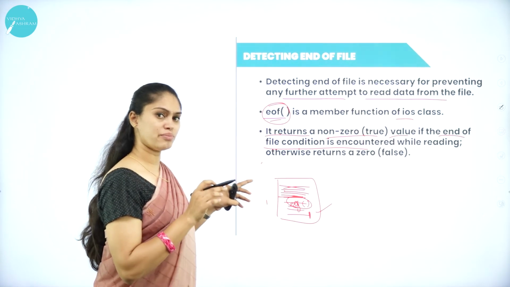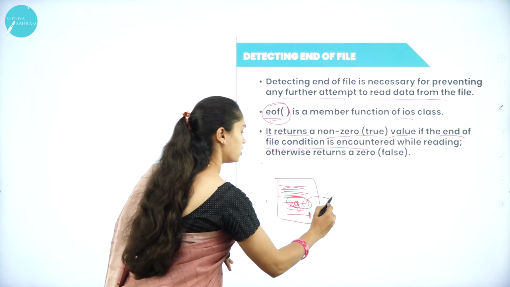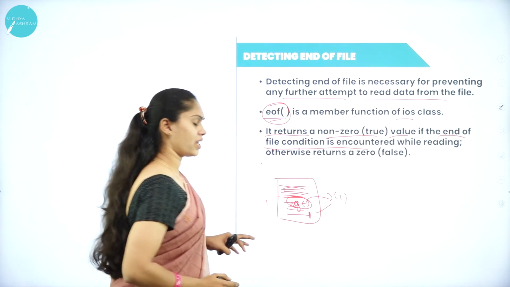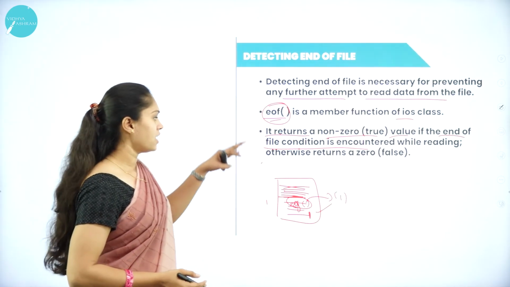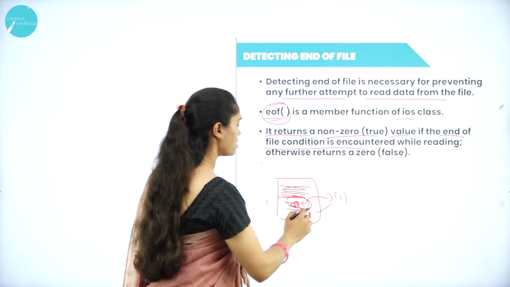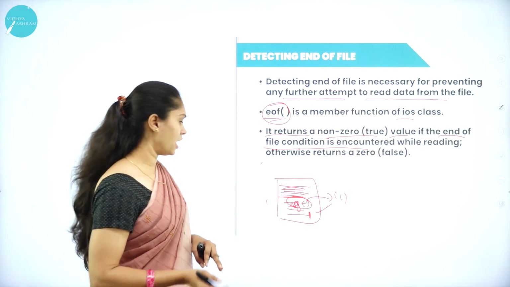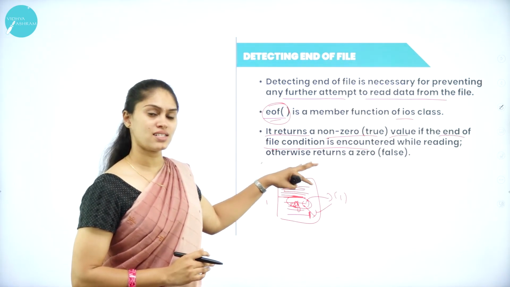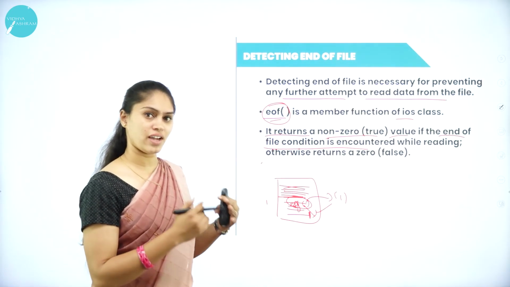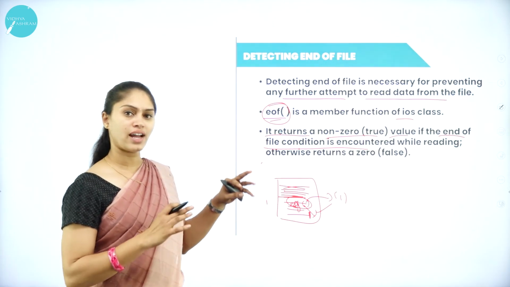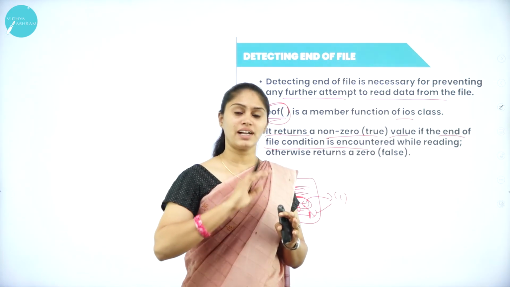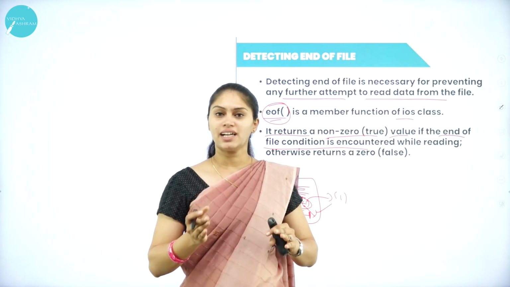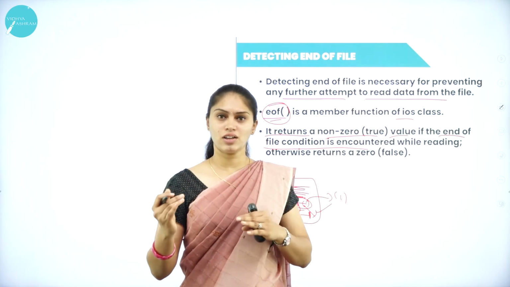If it returns true, which is non-zero, let me take that as 1, then it says that we are at the end of a file. If it is 0, it returns false, which means we are not at the end of a file. When the condition is true, we are at the end of a file. If the condition is false, we are not at the end of a file.